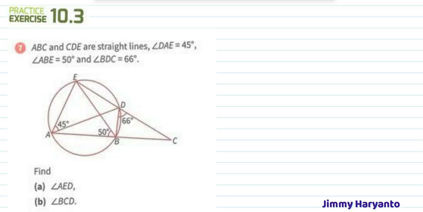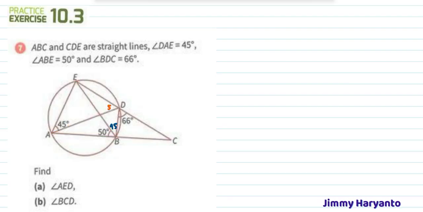Okay, next is 7. For question 7, we will start from the 45. If this one is 45, that means this one also 45, because it's facing ED. Then we'll go to the 50. If this one is 50, that means this one also 50.